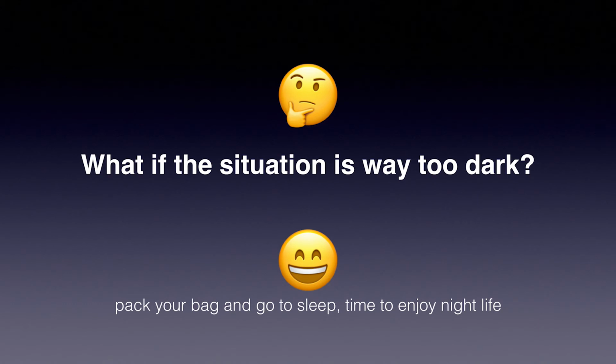It's time for you to enjoy your nightlife. It's not time for photography anymore. Enjoy your life with your kids, with your wife, or go to the bar to drink some beer. You'll never take that shot because it's way too dark. So just pack your bag, go to sleep, or go to the bar.